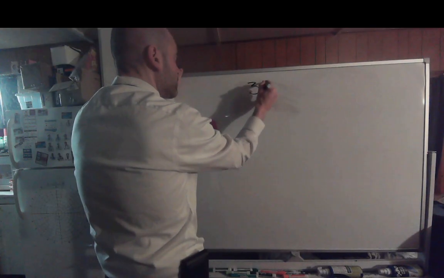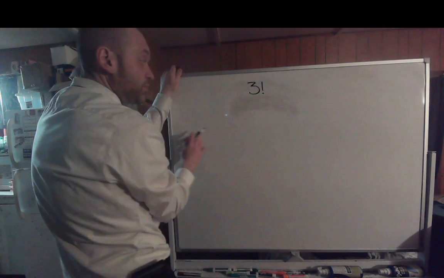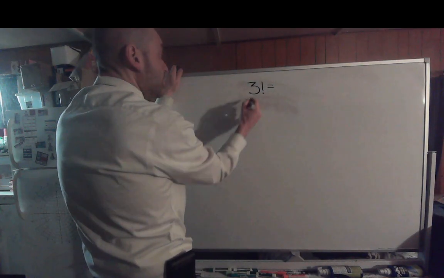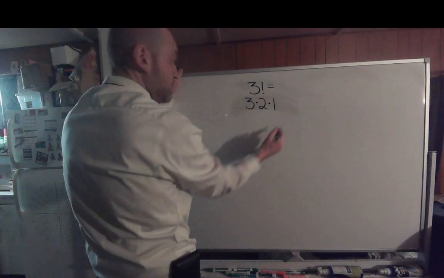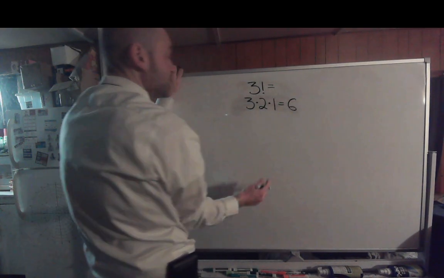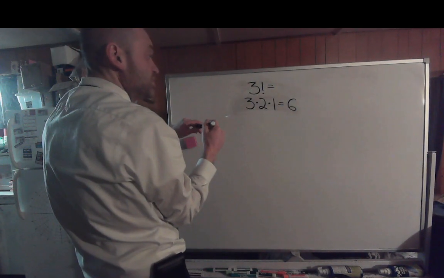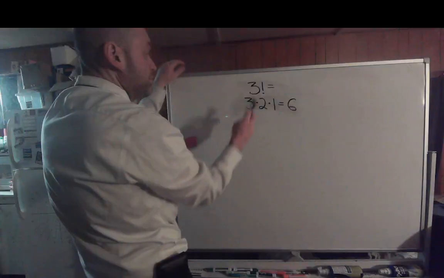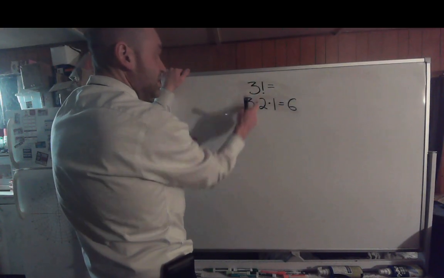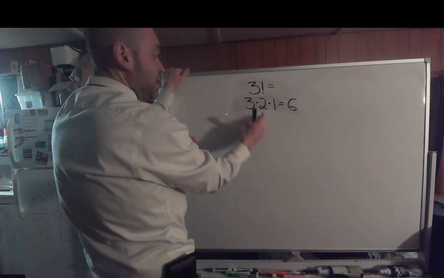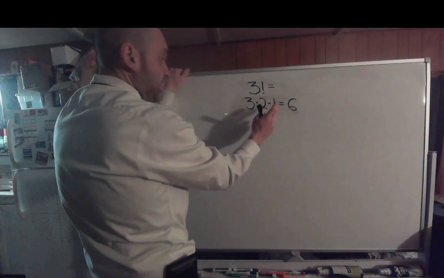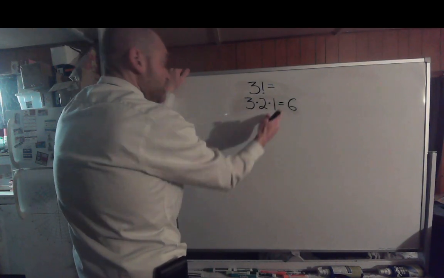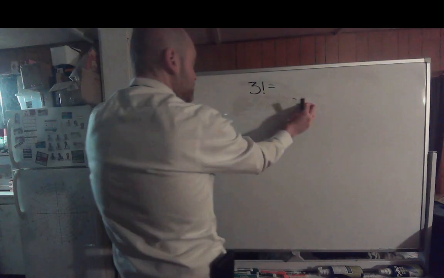Now, what if I had 3 factorial? Well, that's going to be 3 times 2 times 1, which would be equal to 6. So 3 factorial would equal 6. You start with the original number to the left of the factorial, then multiply it by one less number than that, then the number one less than that, until you reach 1 for your last multiple.